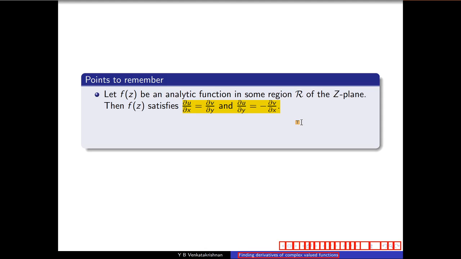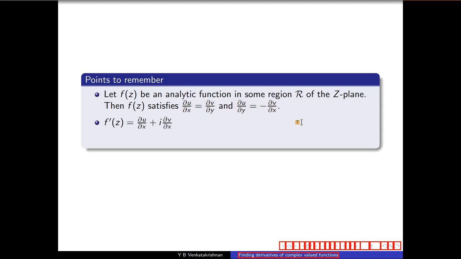It is called the CR equations. So if you have an analytic function, then it has to necessarily satisfy the CR equations. This is point number one.